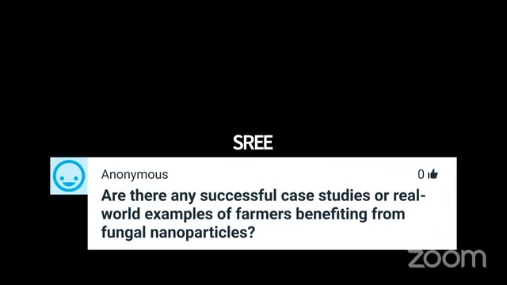are there any successful case studies or real world examples of farmers benefiting from fungal nanoparticles? At the farmers' level it might not be there, but in this table, you can see all these are successes only. Fusarium is mostly explored in this field.